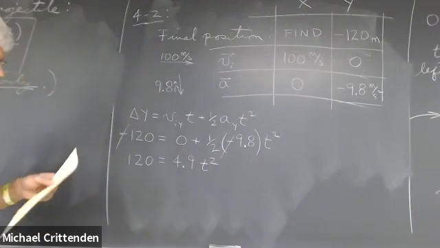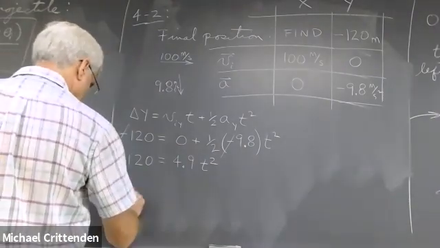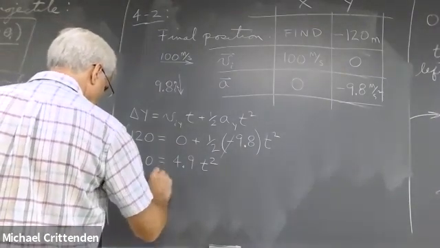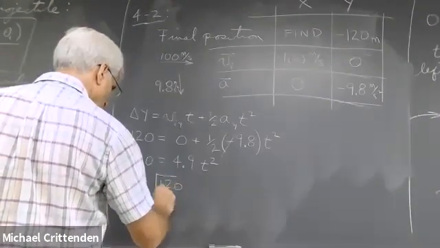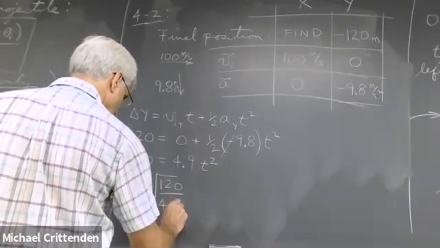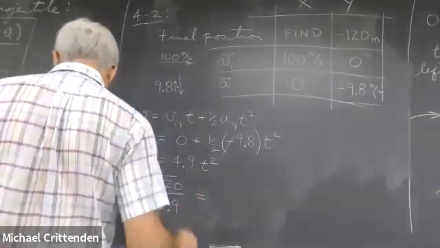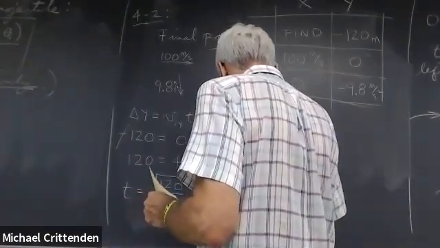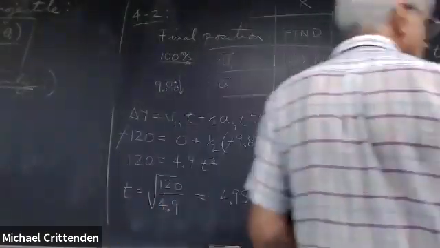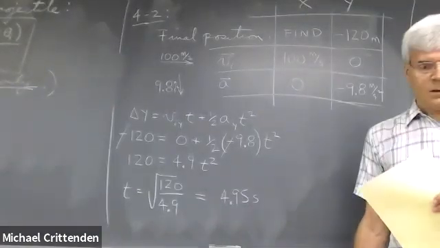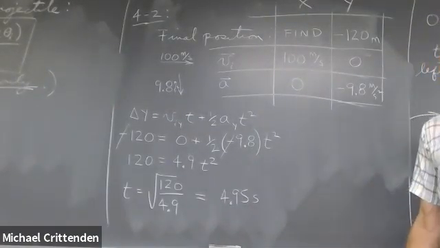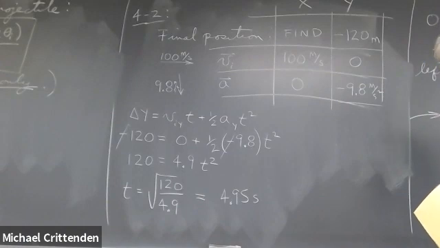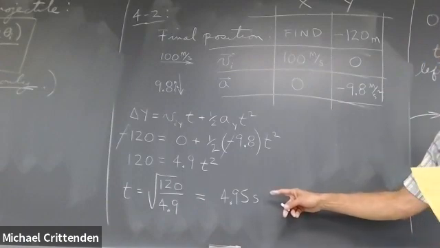And divide and then take the square root. And this cannonball is airborne for just a little under 5 seconds.